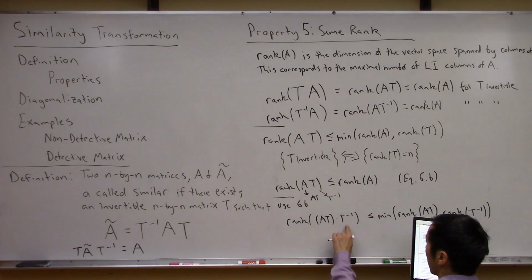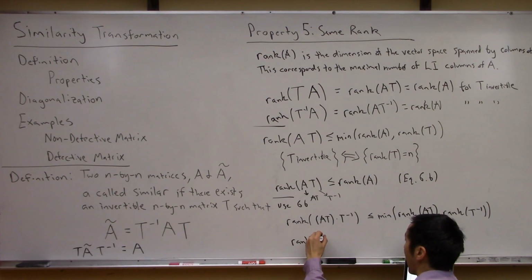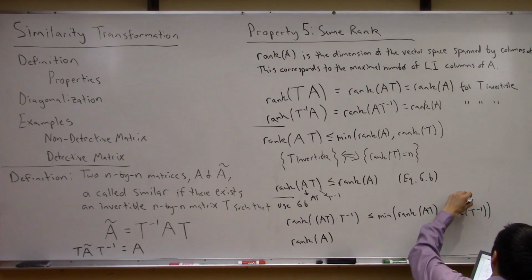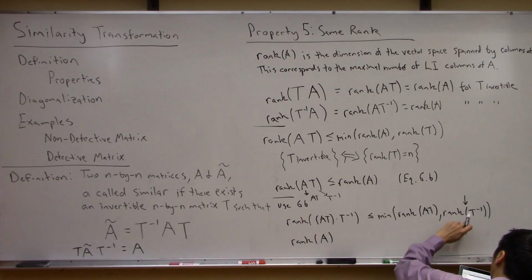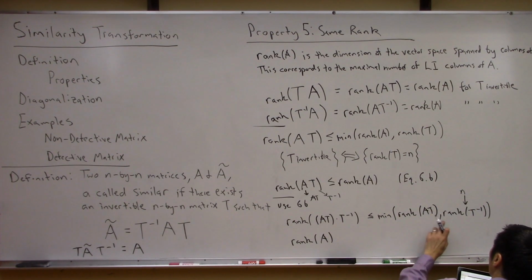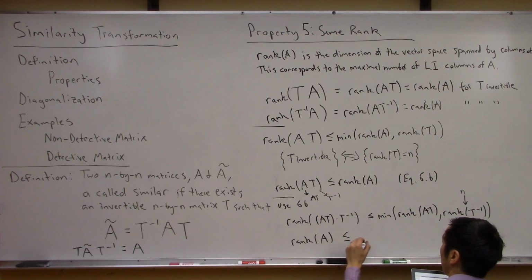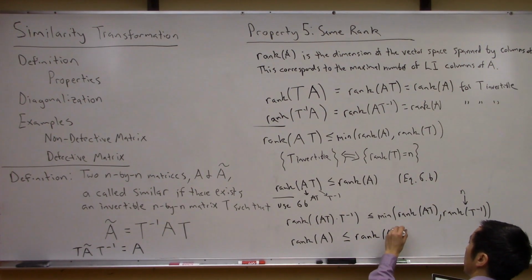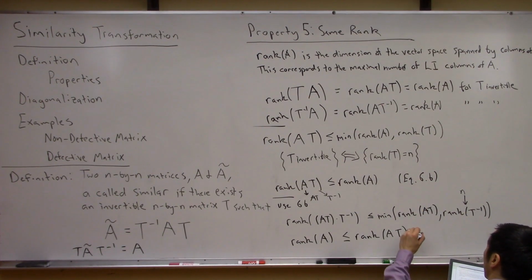The left-hand side is basically the rank of A. And this here is full rank: because T is invertible, T inverse has to be invertible, so the rank of T inverse has got to be n. So this has got to be bigger than this, and we have the rank of A less than or equal to the rank of AT. Let's call this equation 6c.